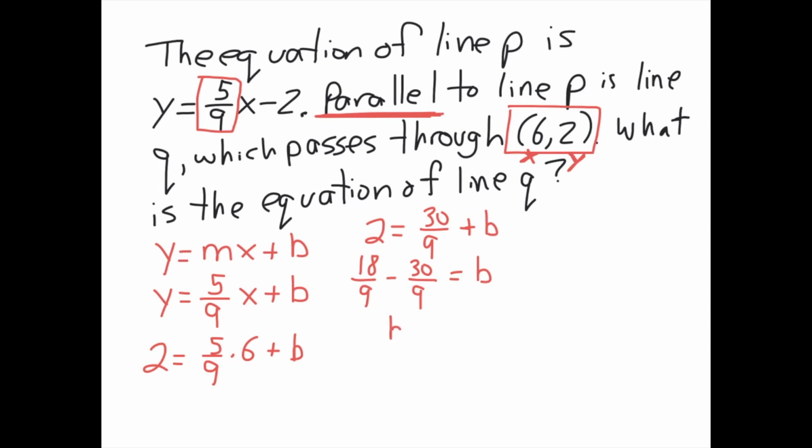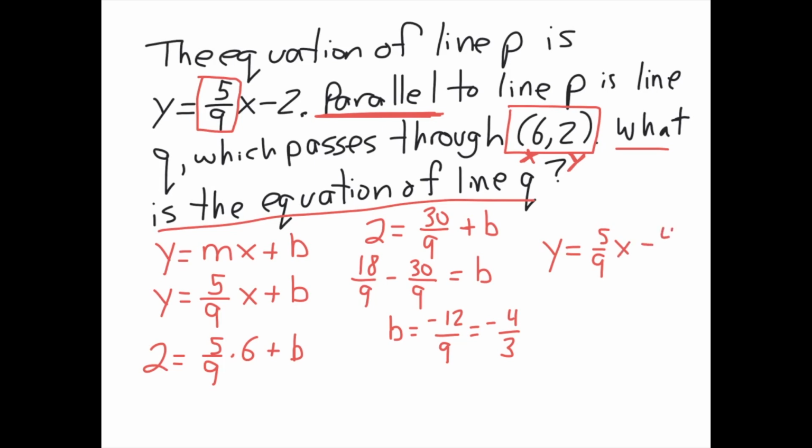I'll get b equals negative 12/9, which of course reduces down to negative 4/3. And again, I want to make sure I notice my question said what is the equation of line Q. So I build my equation for my answer, y equals 5/9 x minus 4/3.